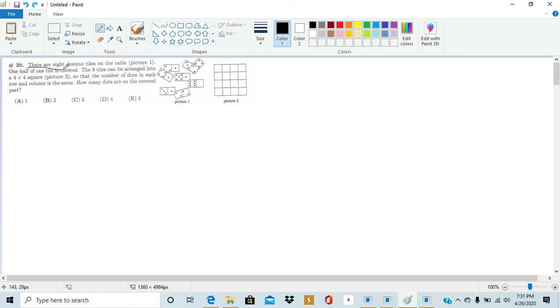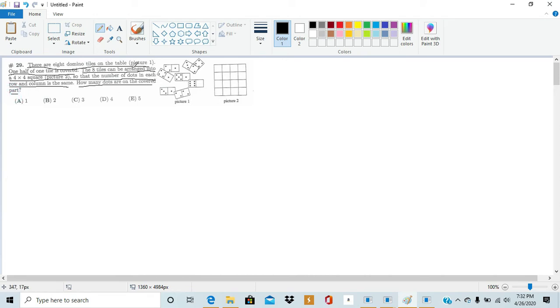There are 8 domino tiles on a table. Picture 1. One half of one tile is covered. The 8 tiles can be arranged into a 4x4 square, picture 2, so that the number of dots in each row and column is the same. How many dots are on the covered part?